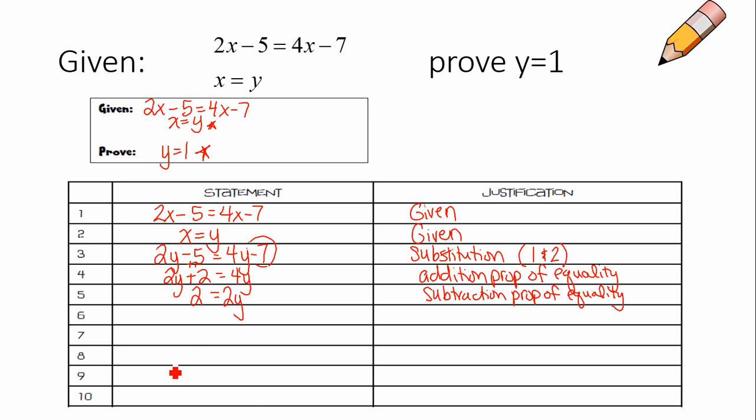And now, last but not least, we still have to divide by 2, right? And you get 1 equals y, and this is the division property of equality.